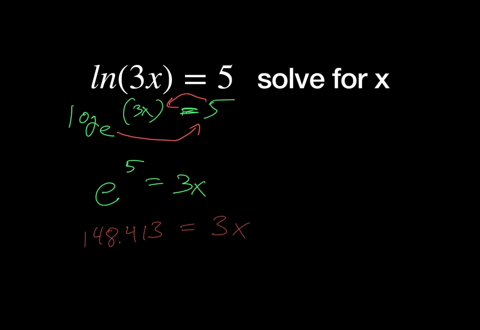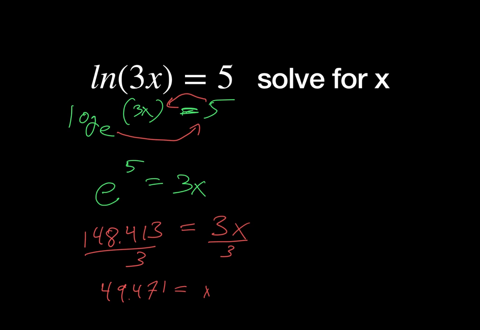How do I find x? Divide by 3. After you found that 148.413, you just leave that number in there and hit divided by 3. x equals 49.471. All right, so that's one example of solving for x when we're using logarithms.